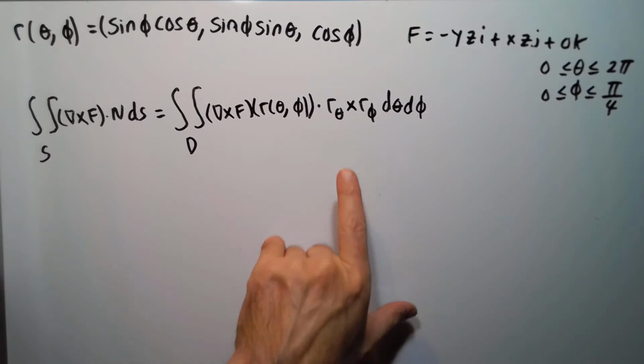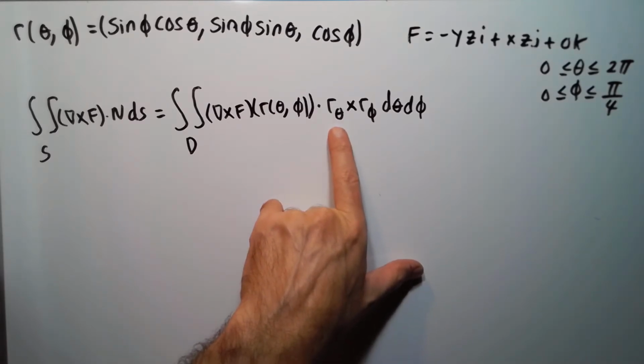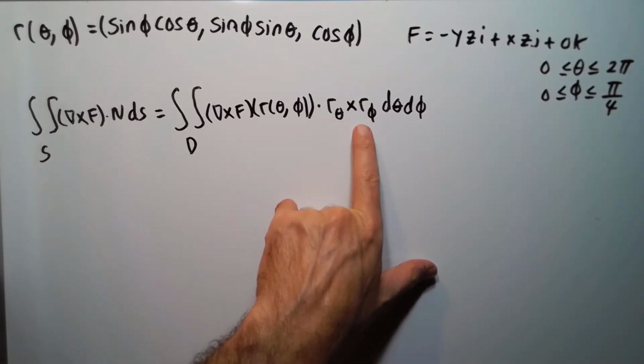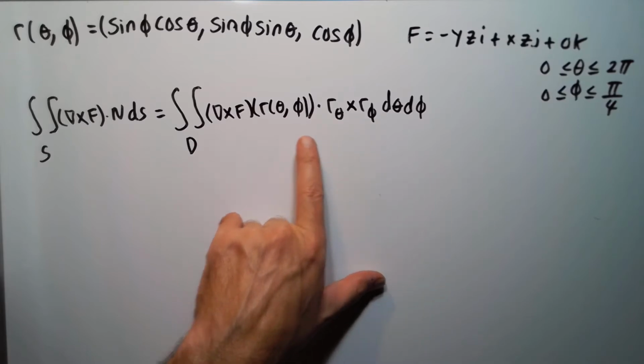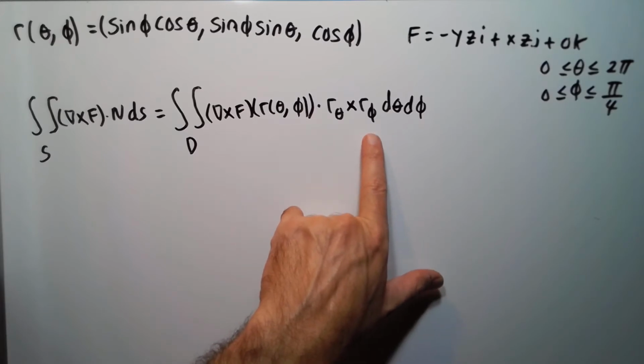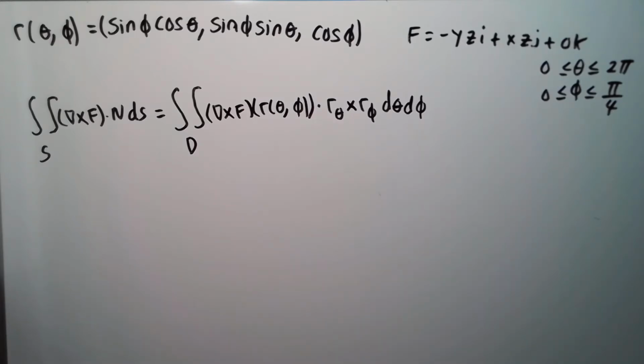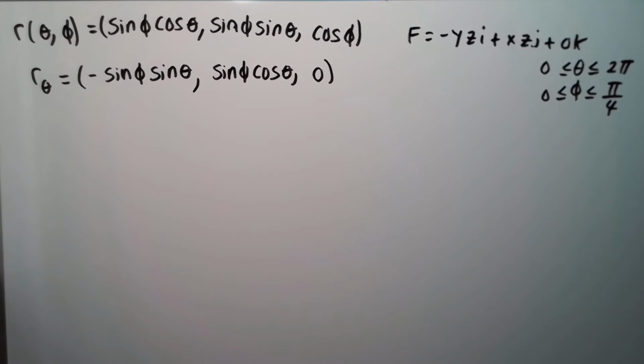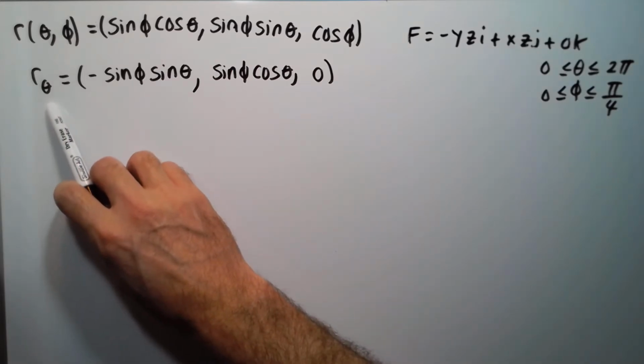I know this double integral will equal this. Okay, so it requires us to find r derivative with respect to theta crossed with r derivative with respect to phi, and we also need to find the curl. So let's work on the r derivative with respect to theta and the derivative with respect to phi first. So r derivative with respect to theta.